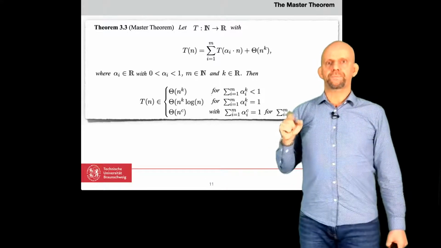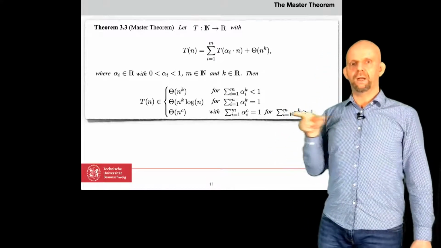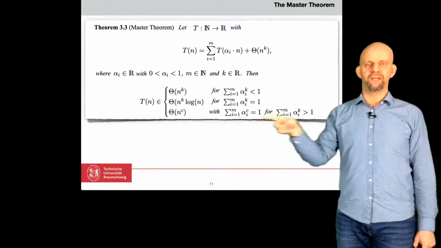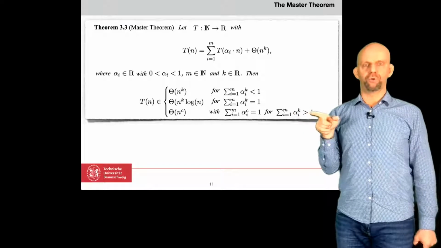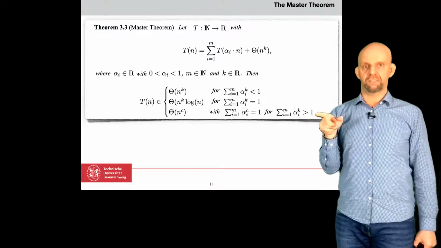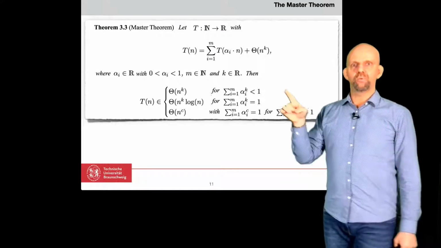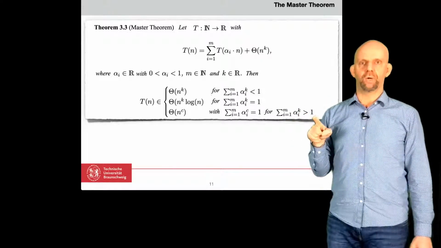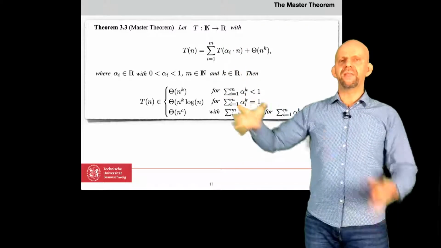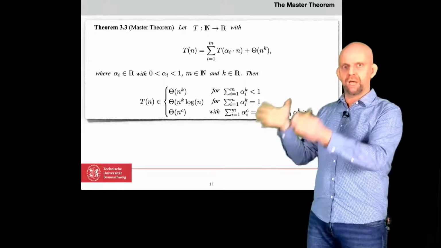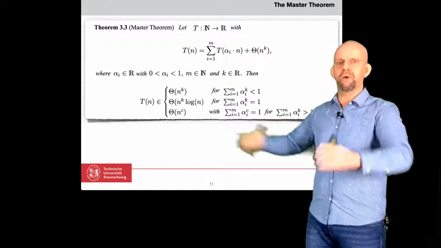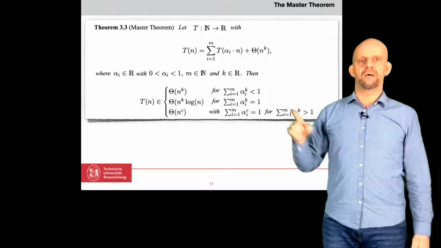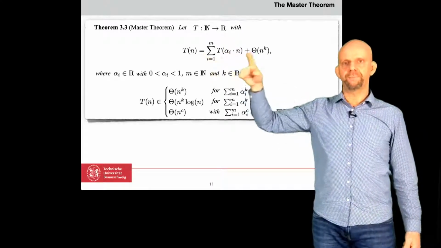There is another case, which we'll not talk too much about today, but it's relatively interesting for other kinds of complex, difficult problems. That is when the sum of these kth powers of the alphas is larger than 1, because that means it's really hard to break this down. It's really hard to make the problem smaller. It takes a lot of time. And if that is the case, then this part here really dominates.